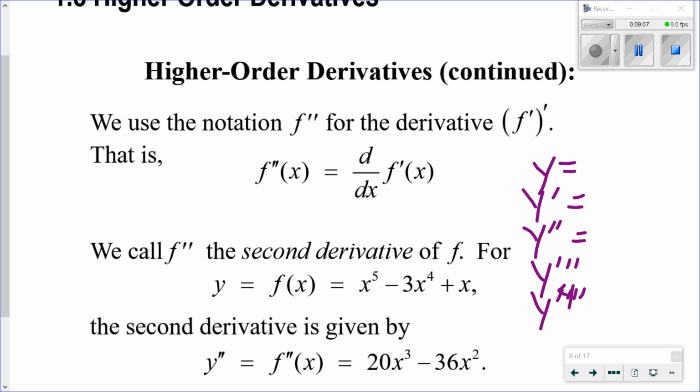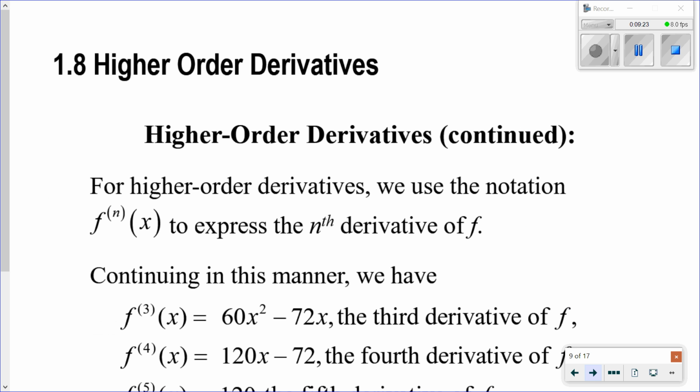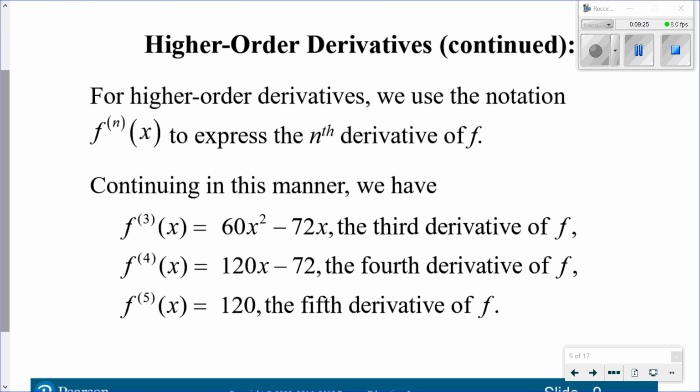So we would have f prime, f double prime. f double prime is the derivative of f prime, f triple prime. That's just the third, fourth, and fifth derivatives of that function.